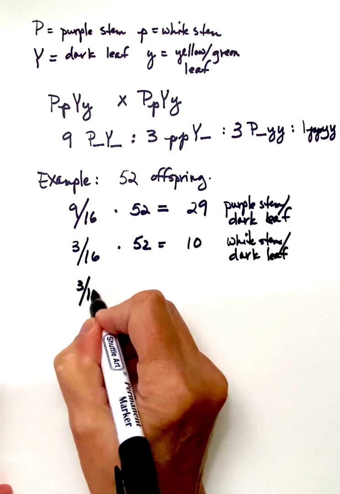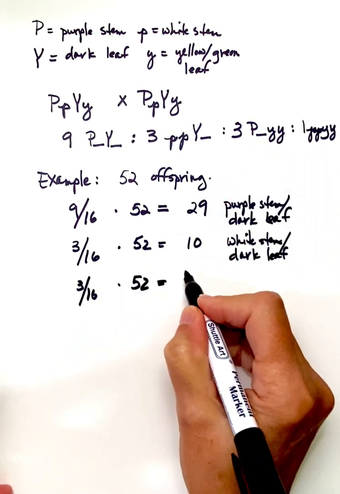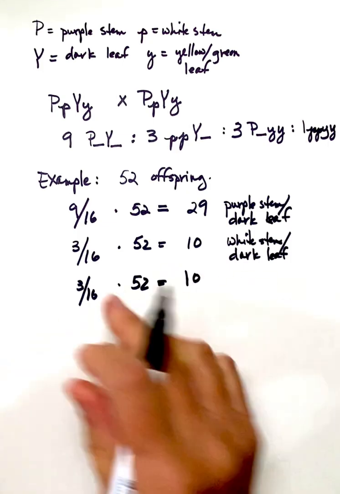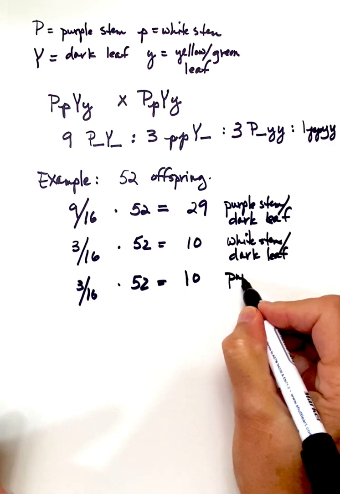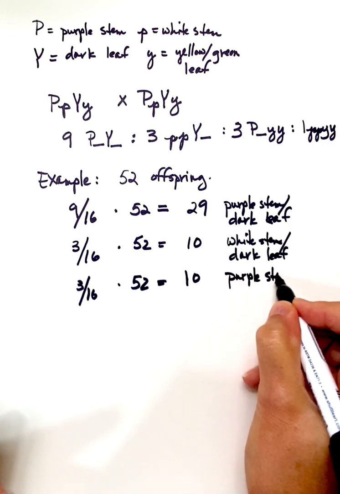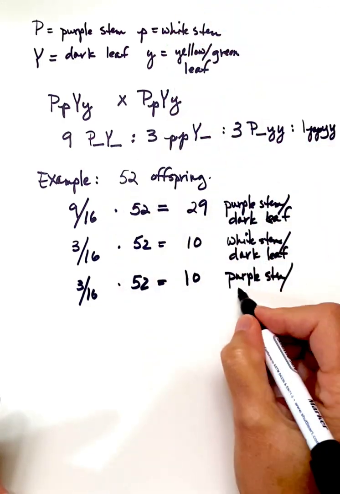And then the next group right here should be the same number. Equals 10, because that's the same calculation. And that will be purple stem and green leaf.